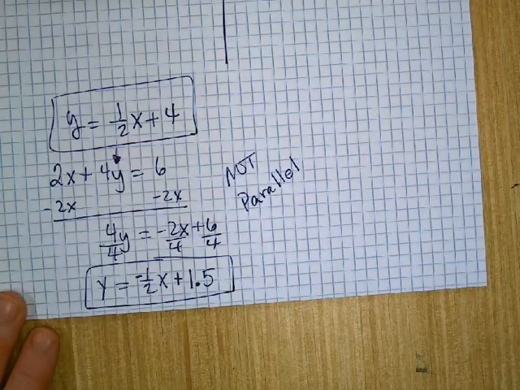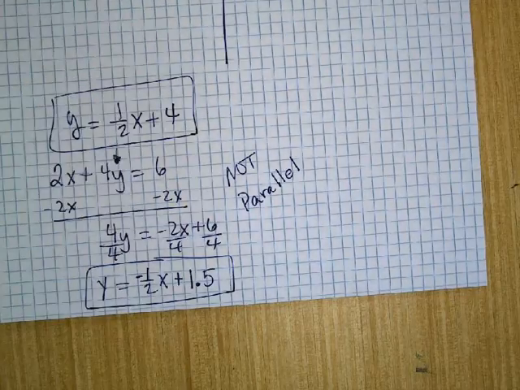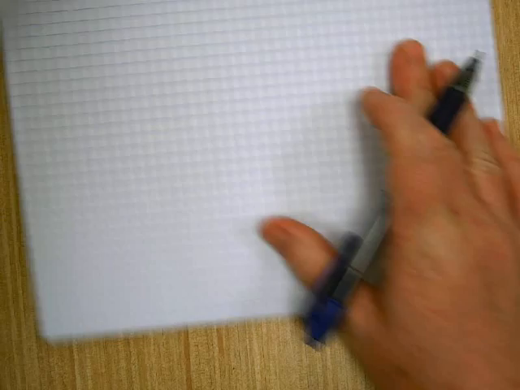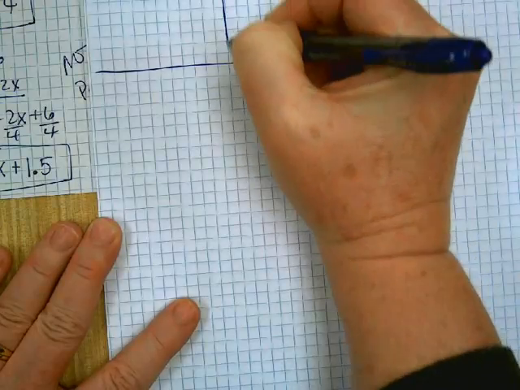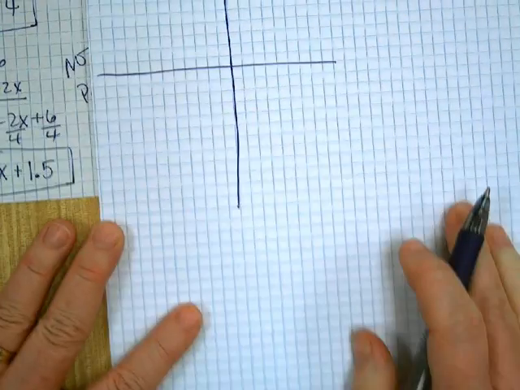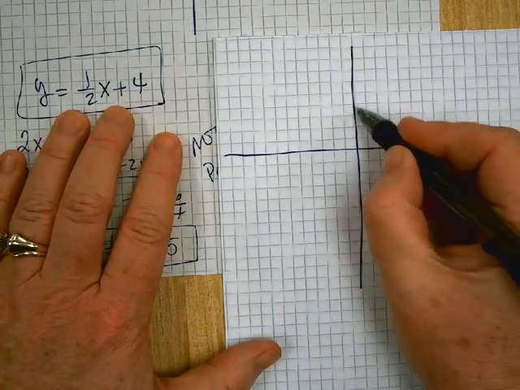Will they cross each other? If they're not parallel, then they're going to have to cross, right? Let's graph it and see. The first one, where does it cross the y-axis? And what's its slope?